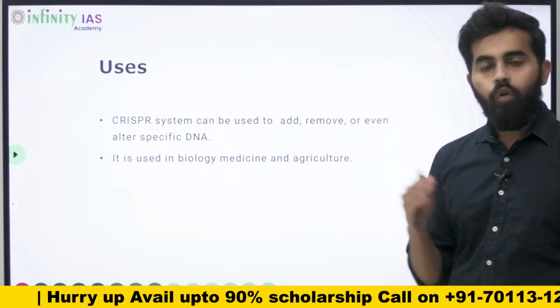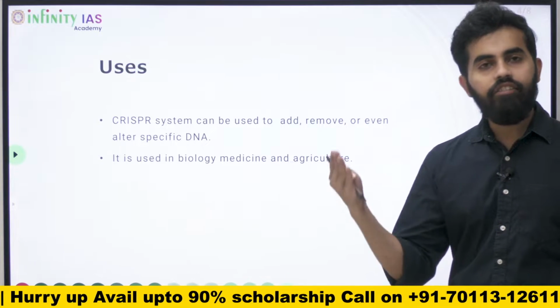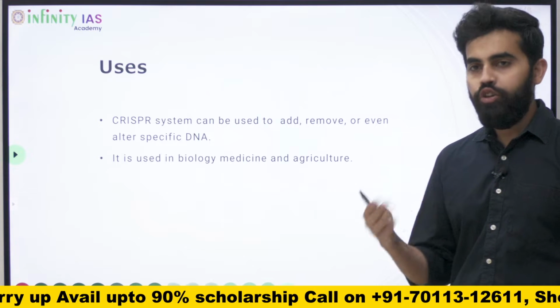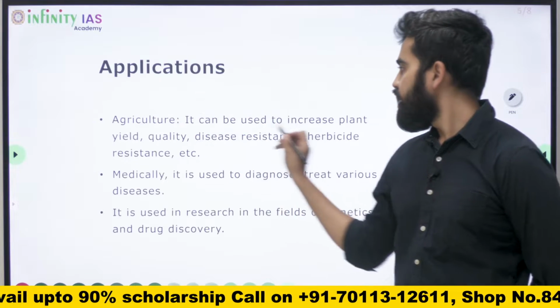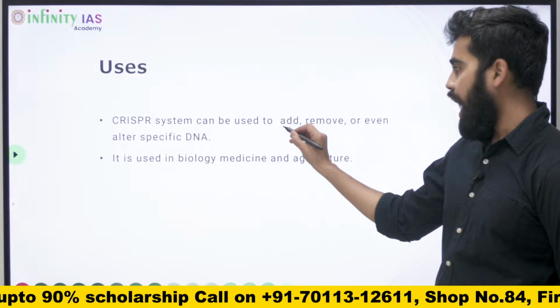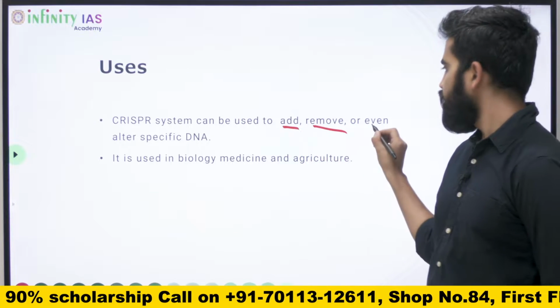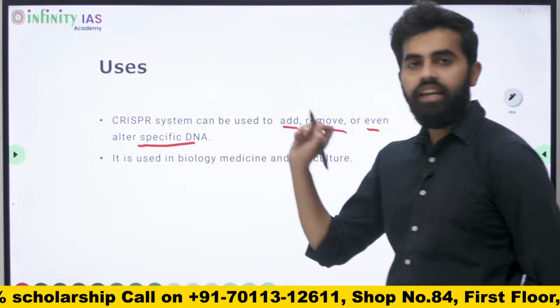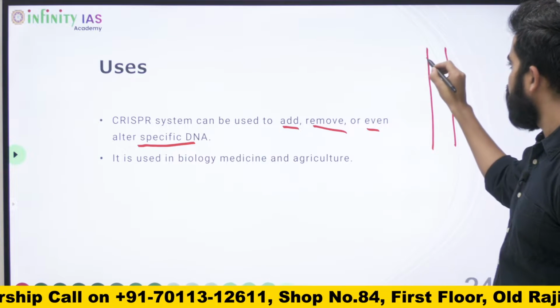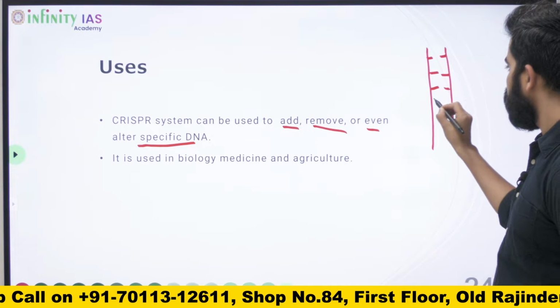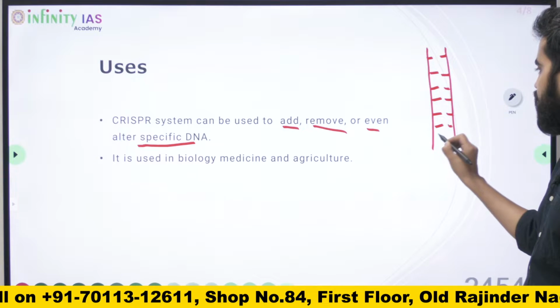So what can CRISPR be used for in our laboratories or for human advantage? So CRISPR system can be used to add, remove or even alter specific DNA. So, for example, we have a DNA in a human cell or an animal cell.